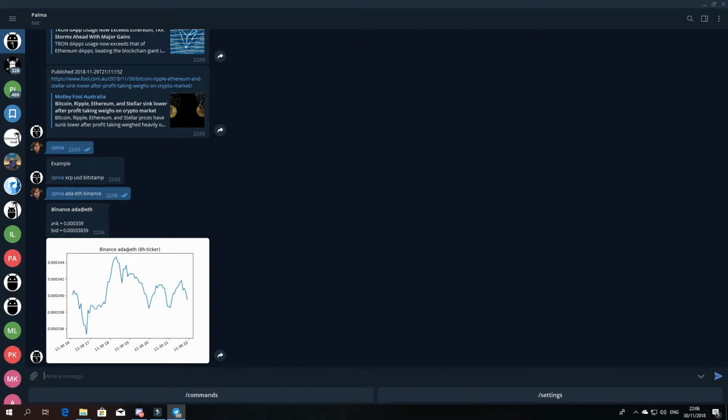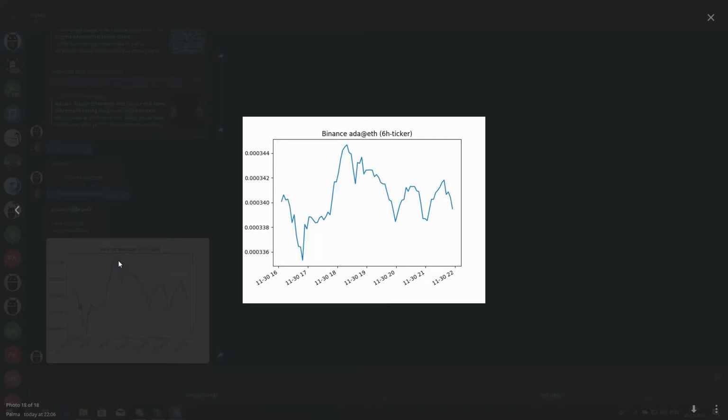Here it will show me the ask and bid price for ADA on the Ethereum market on the Binance exchange. It will also show me a simple graph of ADA on the Ethereum market on Binance.